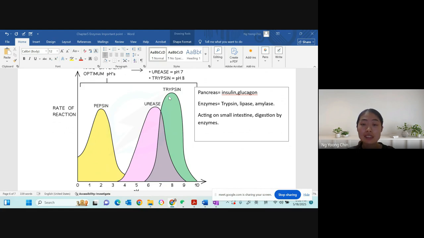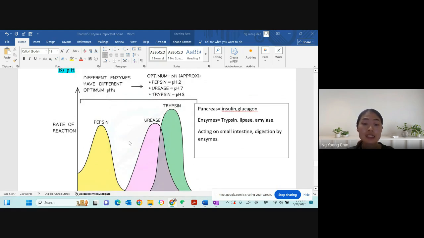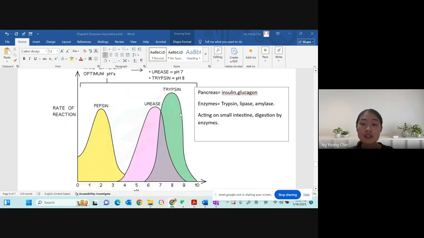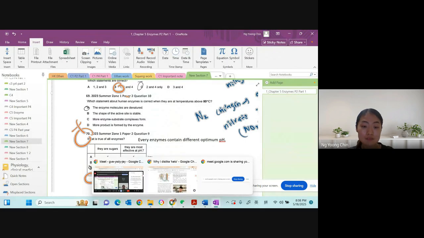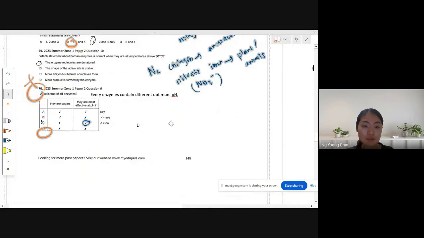Then trypsin's optimum pH is about pH 8. So from this graph, every enzyme has a different optimum pH. Not all optimum pH fall at pH 7, because some fall at pH 2 and some at pH 8. So this answer is not correct. The answer is D.